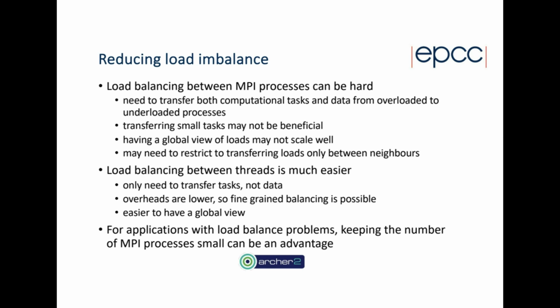Load balancing 10,000 MPI processes may be quite difficult, so maybe it would be better to load balance 1,000 MPI processes and then have 10 threads running per process, and do the load balancing locally between threads inside each process.